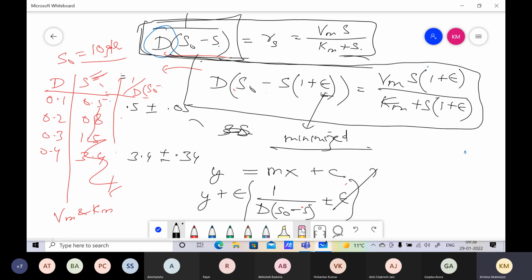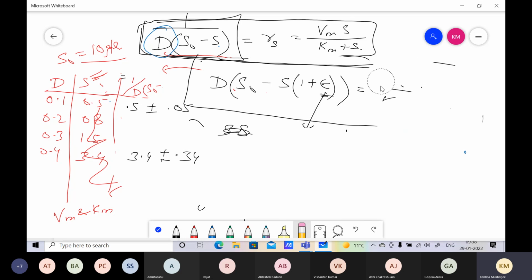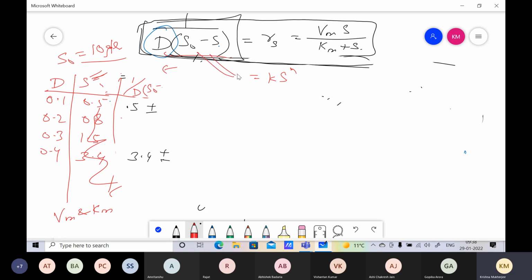Anyway, let us come back to the basic point. This is how you plot CSTR data, and I'm not going to go too much into detail, as this is something you would have done. So you have an nth order reaction, same thing. You will now plot this as equal to K S to the power n. Again, what kind of plot will you make?